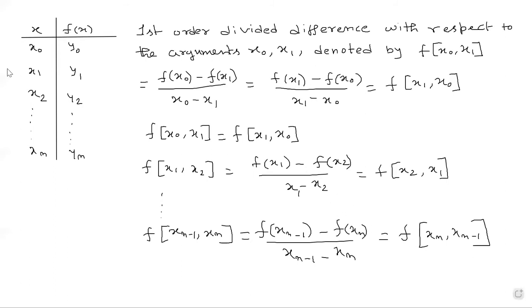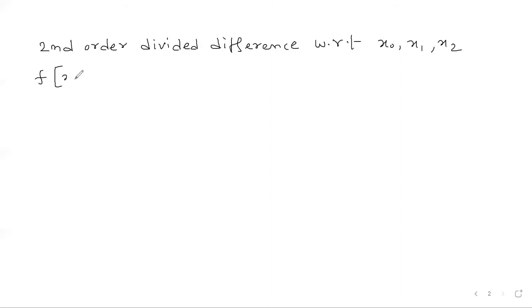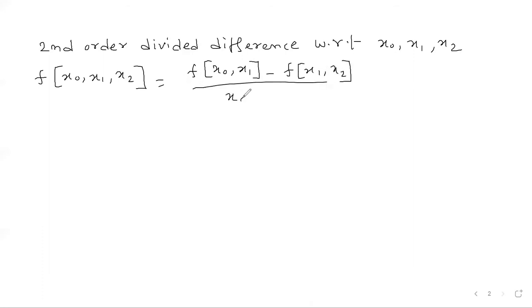So the second order divided difference with respect to the arguments x0, x1, x2 is denoted by f of x0, x1, x2, and it is defined as f of x0, x1 minus f of x1, x2 upon x0 minus x2, which is also the same as f of x2, x1, x0.